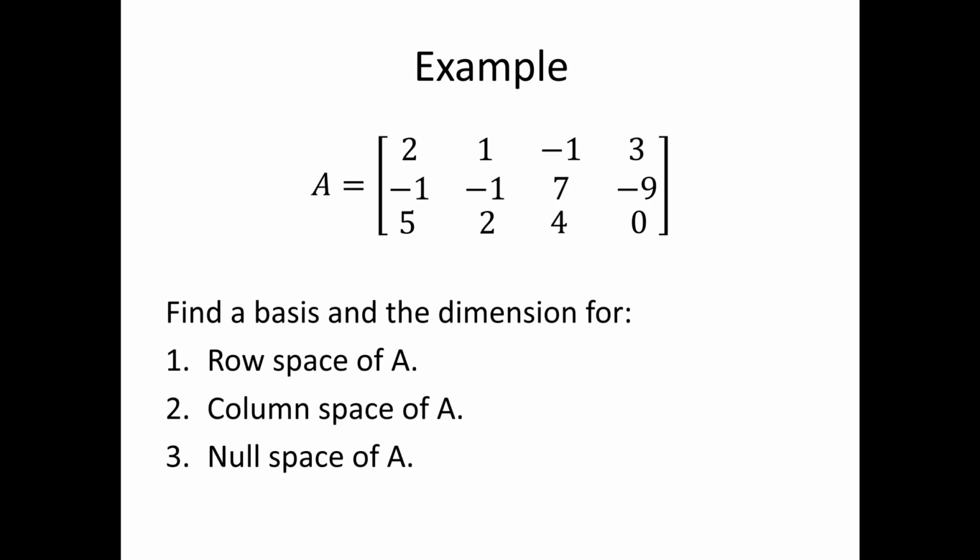So if it's column 1 and 4, then you go back to the matrix A and pick out column 1 and column 4, or whichever ones happen to be the pivot columns, and then you use those column vectors from the original matrix to form a basis.